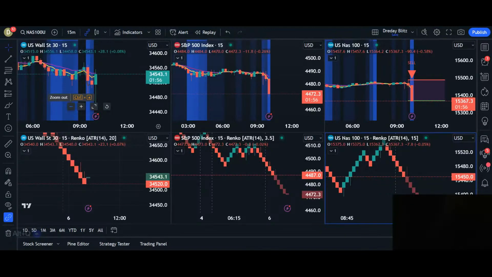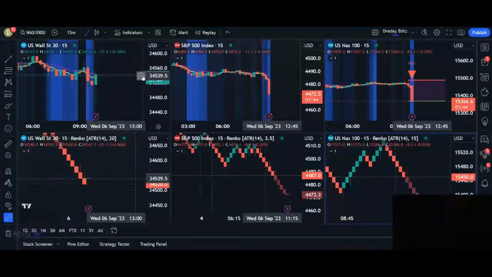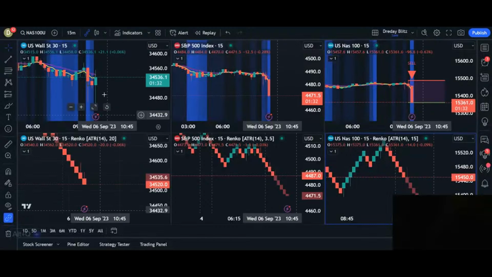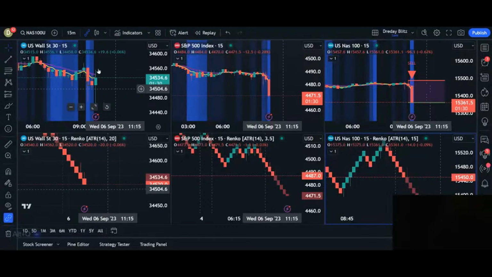I think it goes until the daily chart for the Renkos. But if you're going to be using EMX AI, make Renko bars on the lower time frame, and you need to have the Pro Plus or the Premium to have access to it.